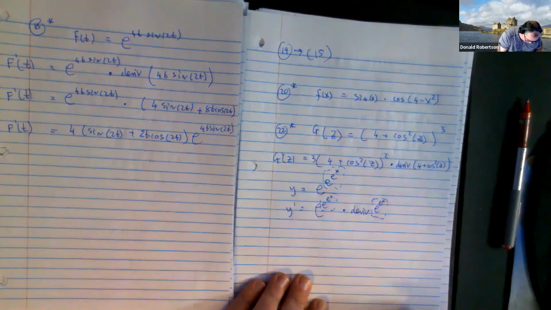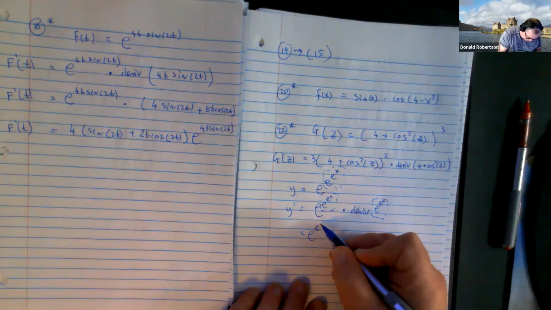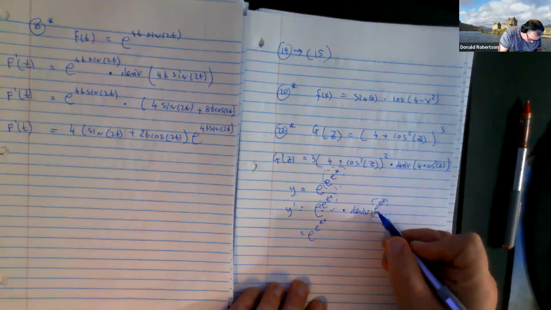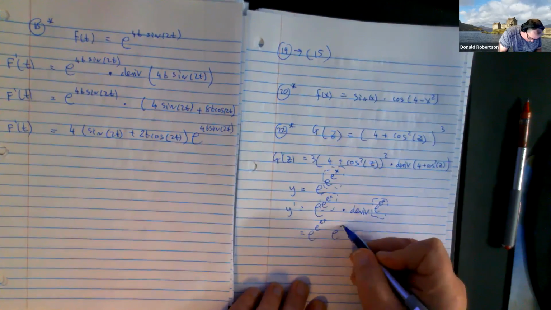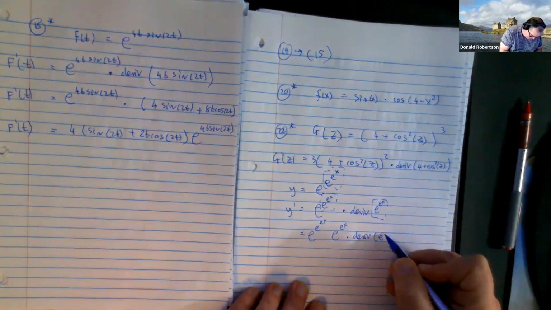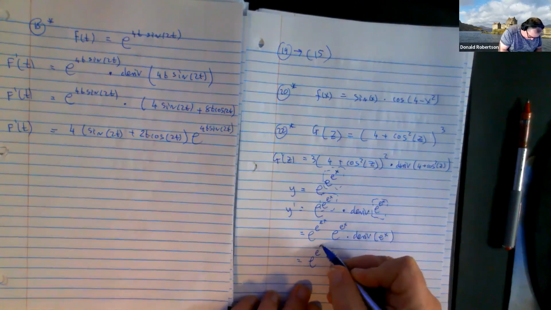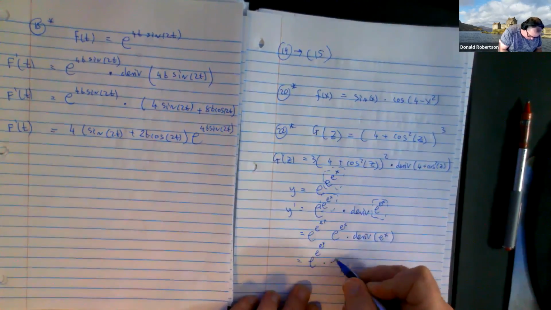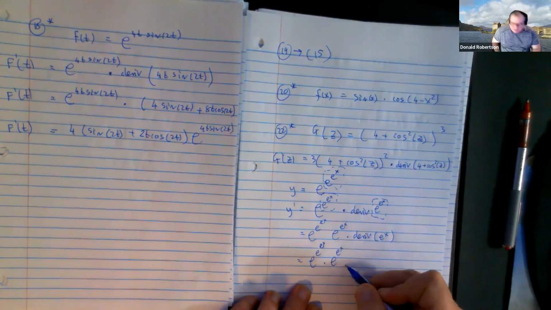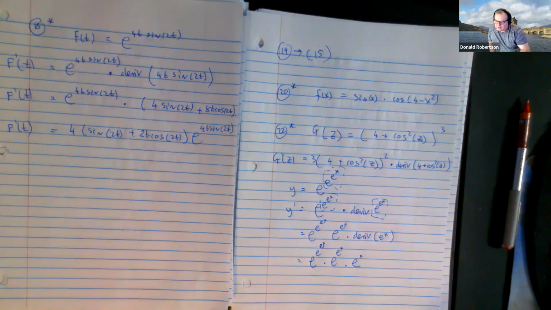If you want to differentiate this fella, it's e to the ugly guy times the derivative of the ugly guy. So you get e to the x times e to the x times e to the x. There's something elegant about that, isn't there? It's got a little triangular kind of shape to it.